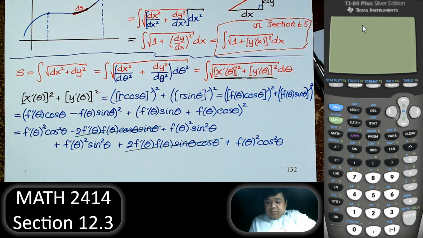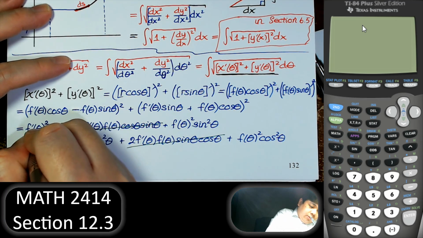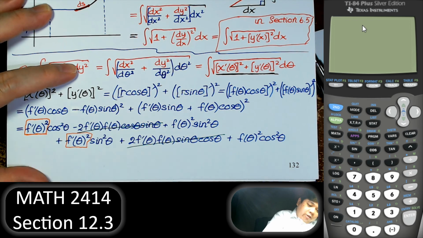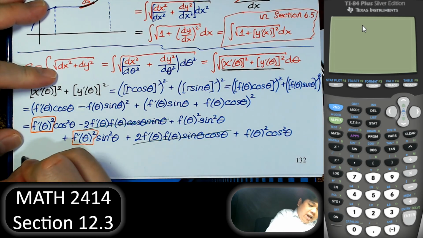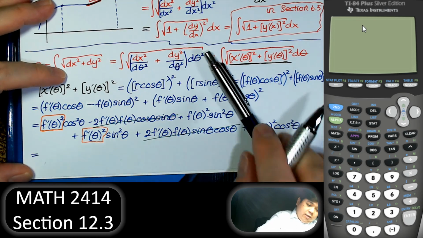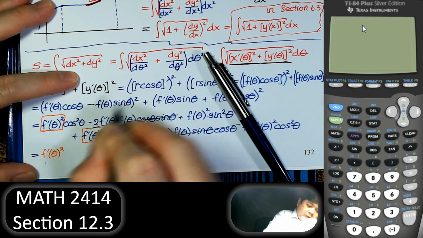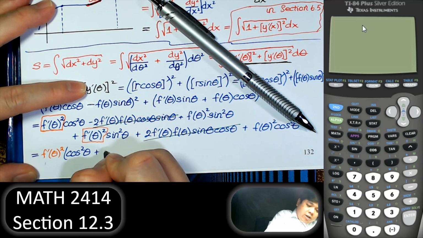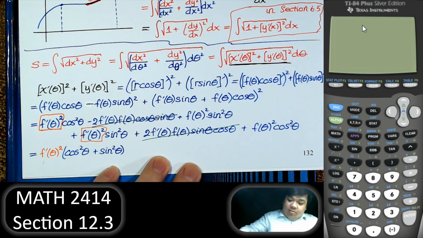Next, combine like terms. I see that both of these terms have the derivative square, and then cosine square plus sine square. So factor that out. Then we have cosine square plus sine square, which turns out to be 1. So that turned out nice. Simplified a lot.